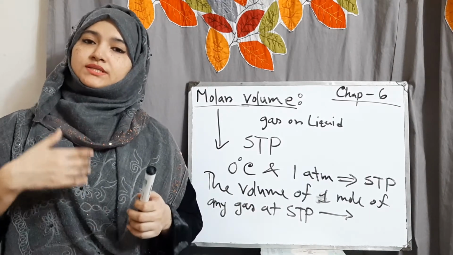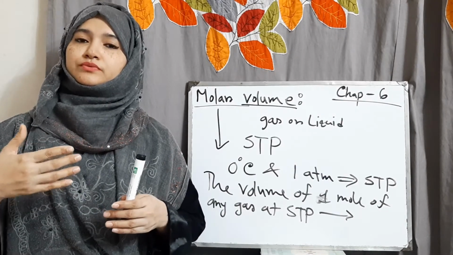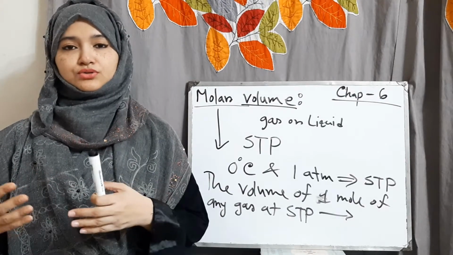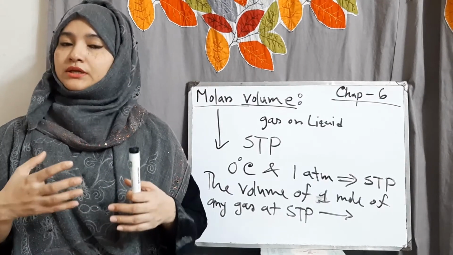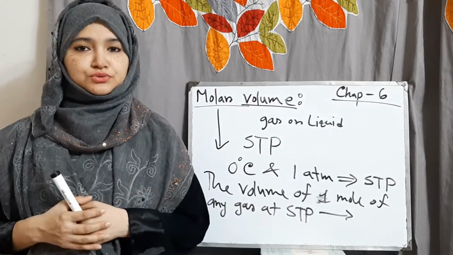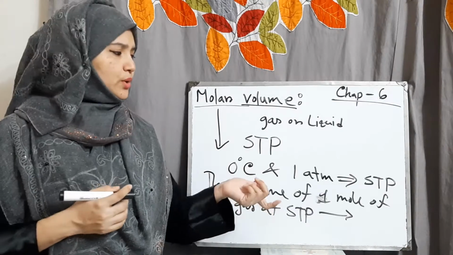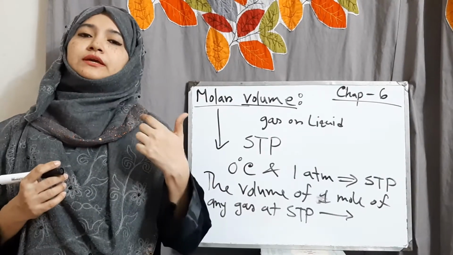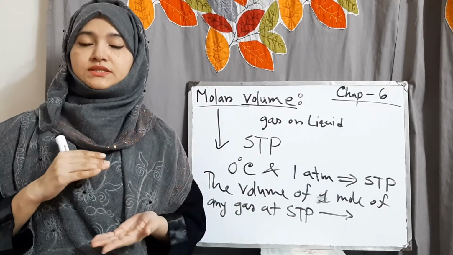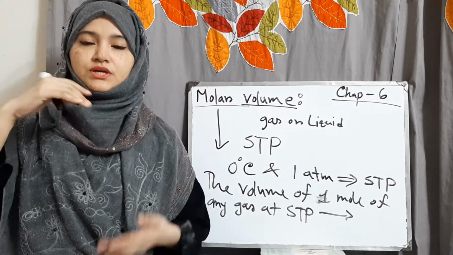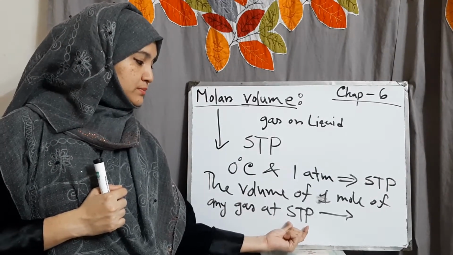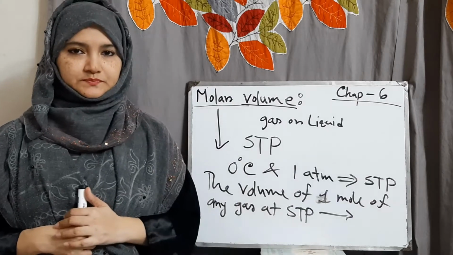If we increase the temperature, the volume will increase, and if we decrease the temperature, the volume also decreases. The relation is directly proportional. If we increase the pressure, the volume decreases, and if we decrease the pressure, the volume increases. That's why it's very important to maintain a fixed temperature.